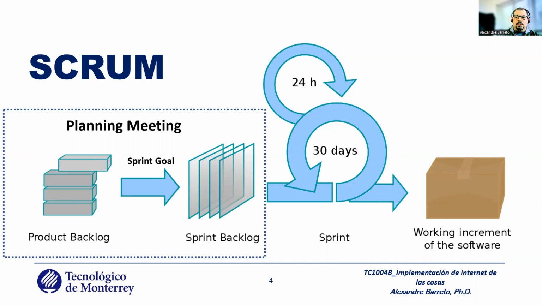Different than the traditional process, in Scrum we don't spend a large time to define the requirements because we understand that these requirements change in time. We understand that the client does not know what he wants in the beginning of the project.